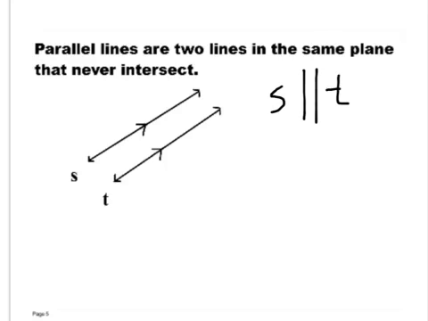Just like before, when we had line M perpendicular to line L, we had the upside down T. Here, when we're talking about parallel, there's two parallel lines. So line S is parallel to line T. That's how we write it.